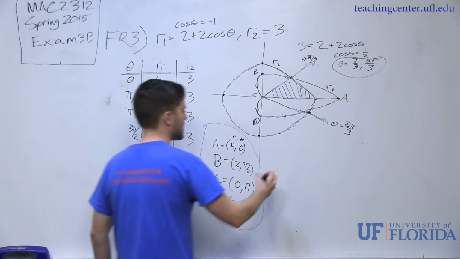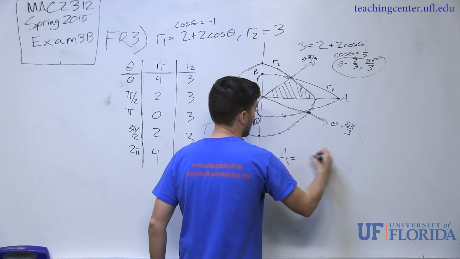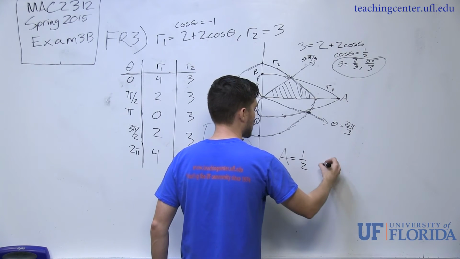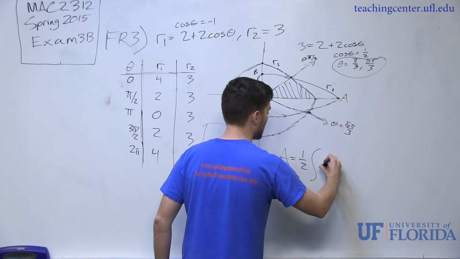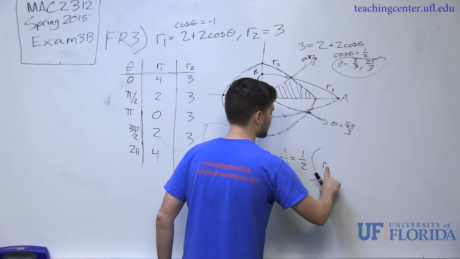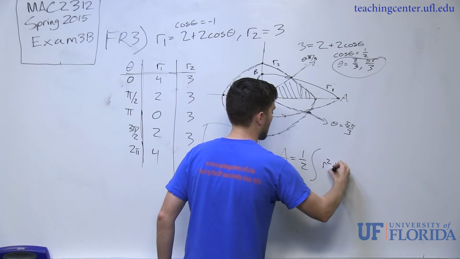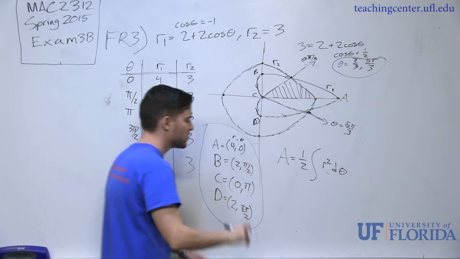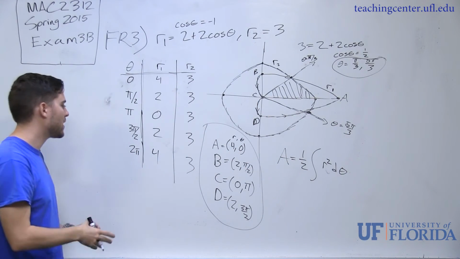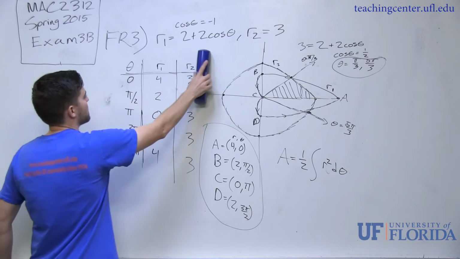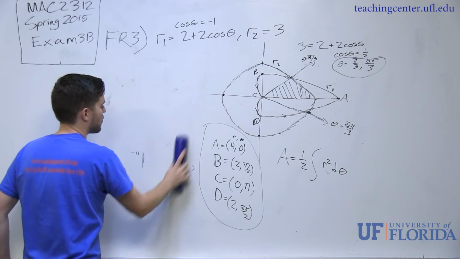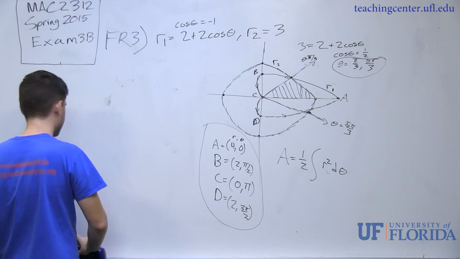So what I'm going to do is I'm going to say that the area, which is 1/2 integral of r squared d theta, okay, so this is the formula that we're going to try to plug into to try to solve this. So I'm just going to erase our little chart over here so we can get a little more room.